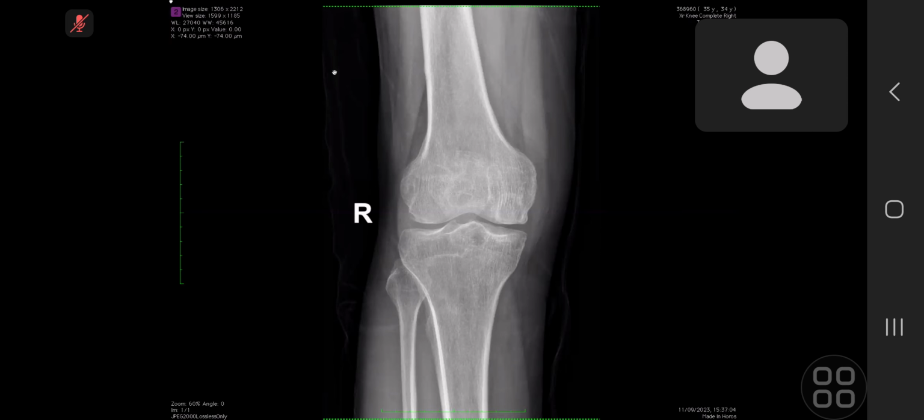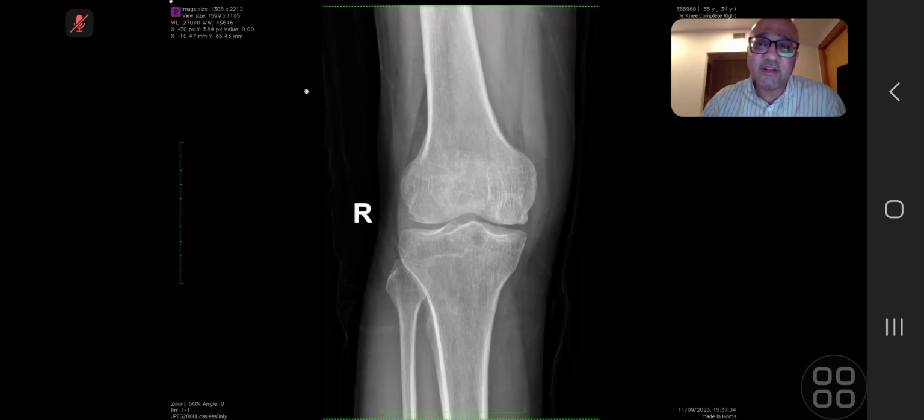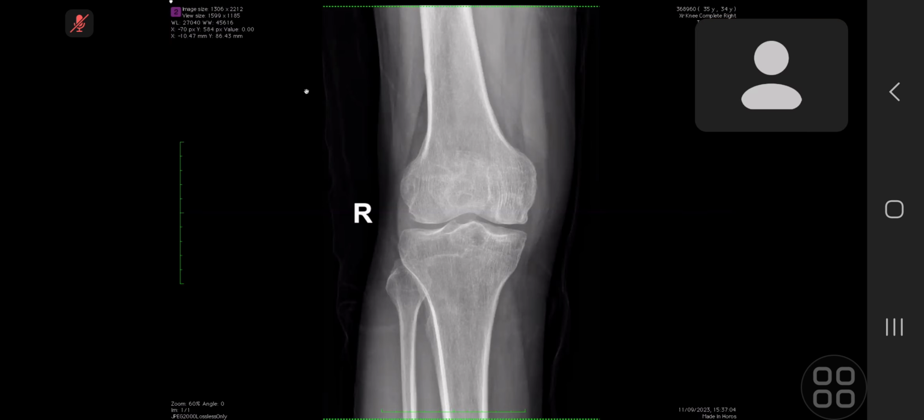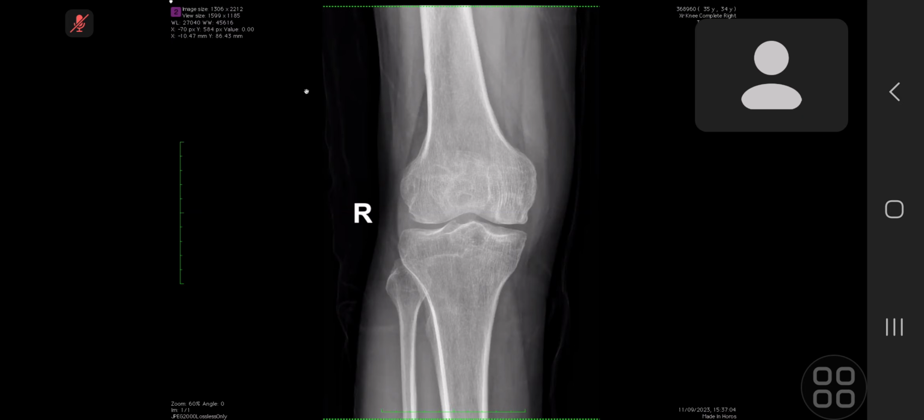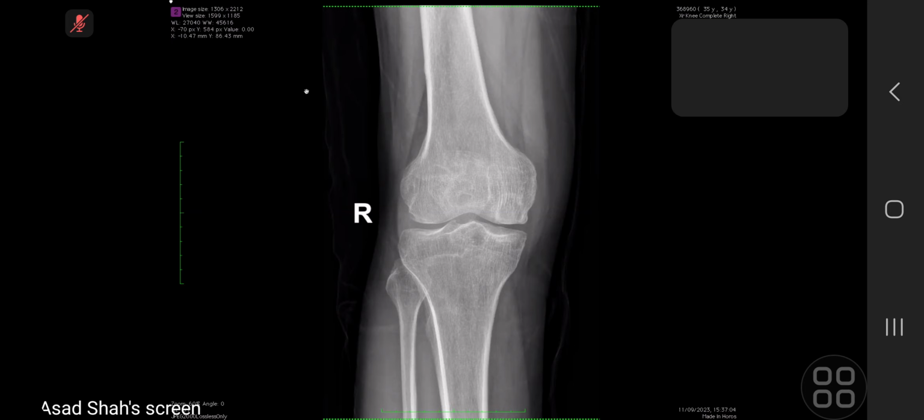I would never comment about the patella on an AP unless you're absolutely sure. So never start with the patella on an AP radiograph. You look for other things, and if everything looks fine, then you can come to the patella. Keep your patellar assessment for the lateral, which I'm going to show you later. That's just a general tip.